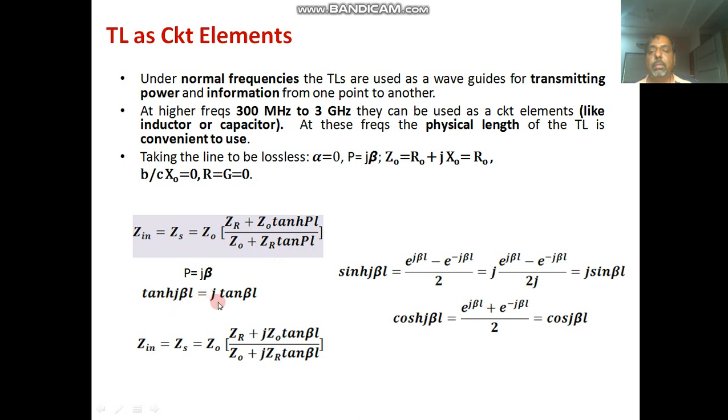So tanh j beta L we can write as j tan beta L, because sinh j beta L is j sin beta L, and cosh j beta L is equal to cos beta L. So when we divide this, tanh j beta L is equal to j tan beta L. So you write here the input impedance of the transmission line: Zs is equal to Z naught times (Zr plus j Z naught tan beta L) upon (Z naught plus j Zr tan beta L).